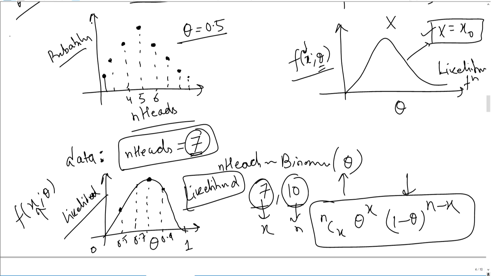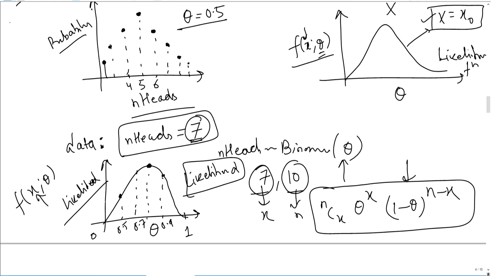So, this is an example of a likelihood function that you can draw. But the important point here is, why we are drawing this, why it is important. The reason is that after seeing the data, we are drawing a graph of how likely each value of theta is to generate this data.